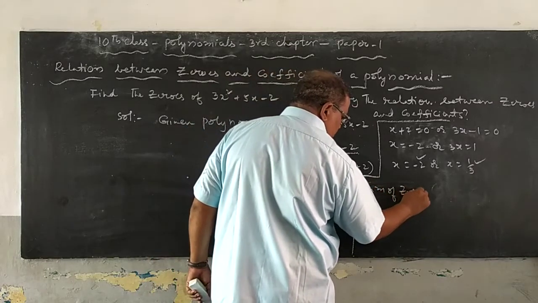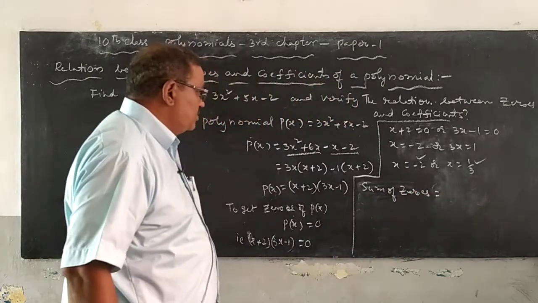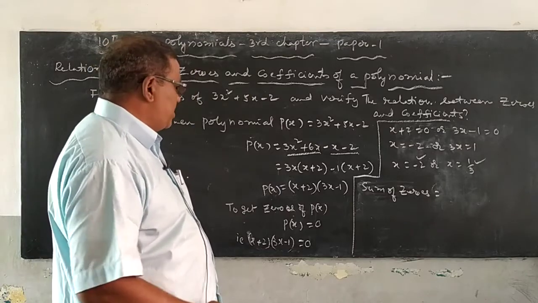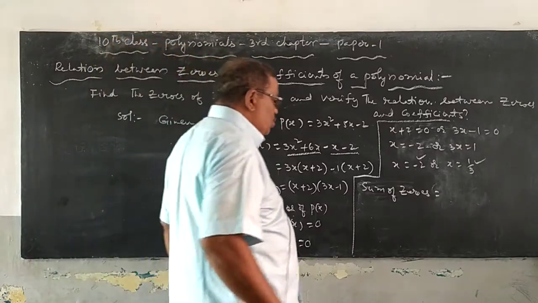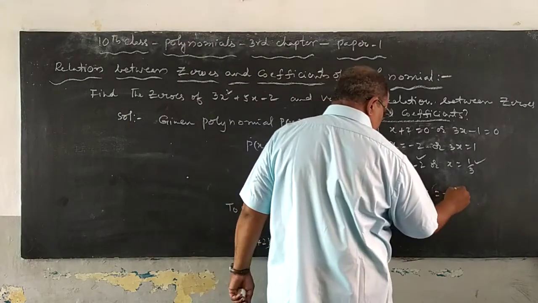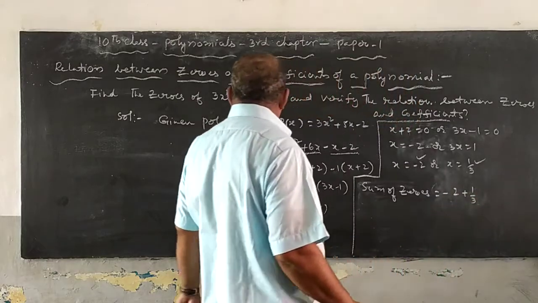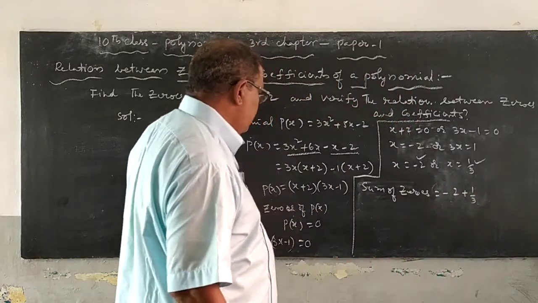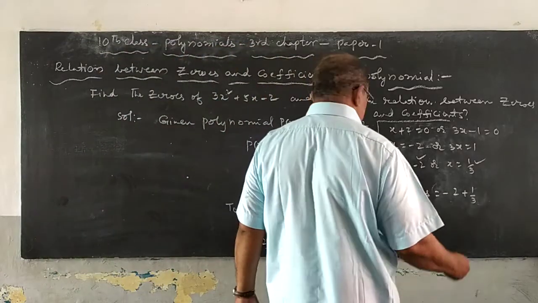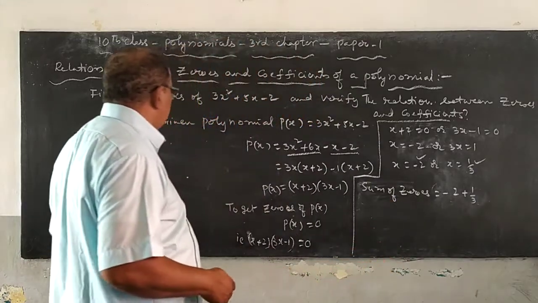So, what will the sum of zeros be? Check this one: minus 2 plus 1 by 3.